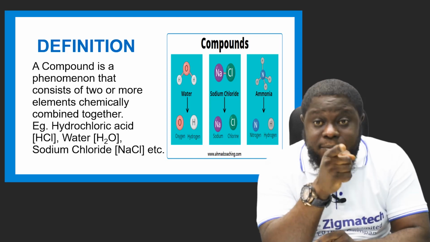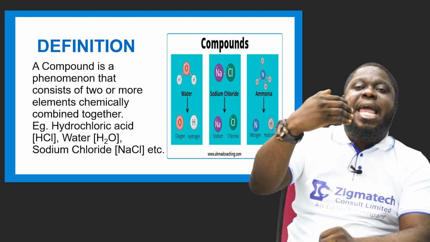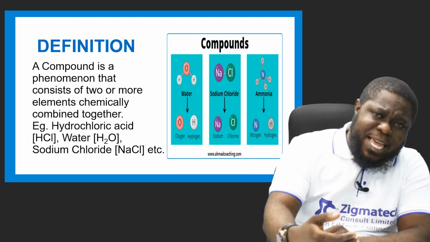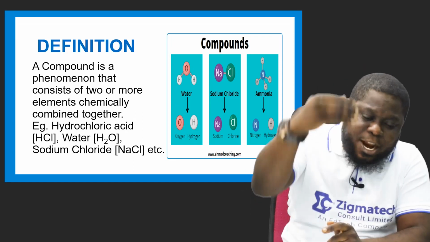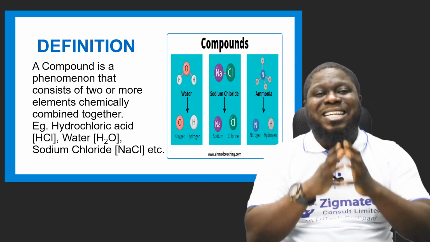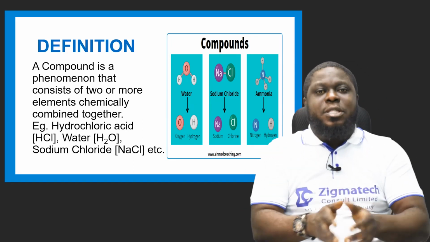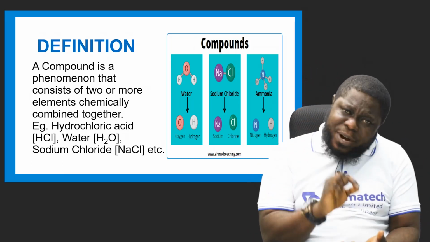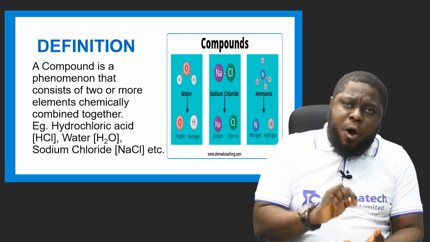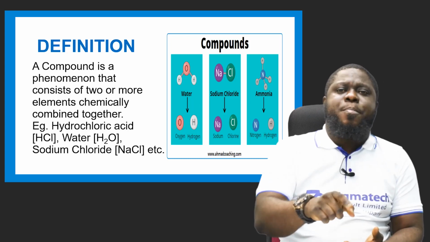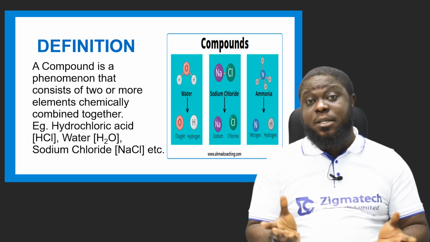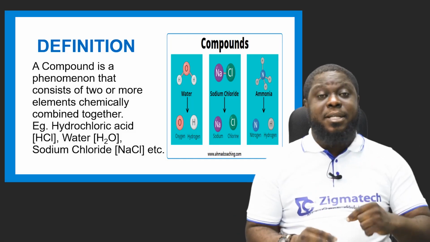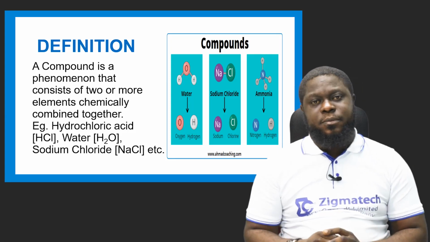So, a compound cannot be broken down or separated because the components cannot be separated, and the components are the elements. Now, what makes a compound is that it is different from the elements it is composed of. It's a different species from the elements it is composed of.